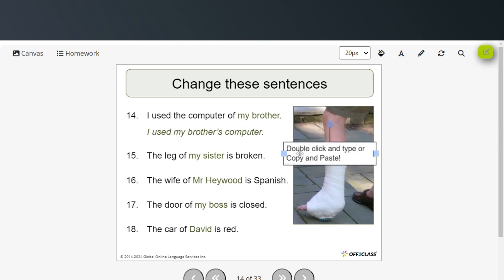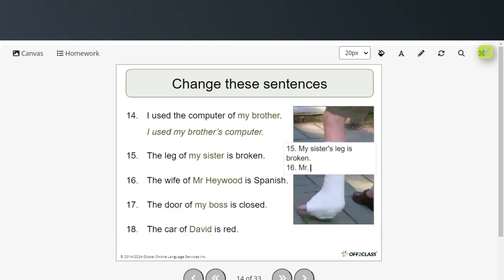So 15 would be, my sister's leg is broken. Instead of the wife of Mr. Haywood is Spanish, we would say Mr. Haywood's wife is Spanish.